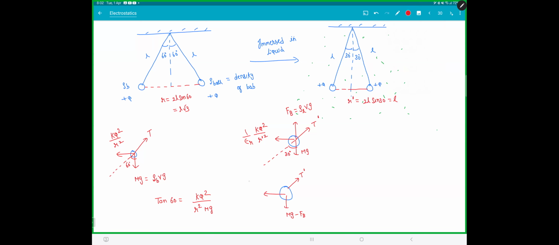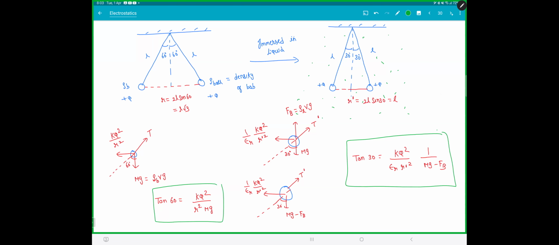And this will be the new repulsion force, 1 by epsilon r times kq² by r dash squared. This angle is 30. So we have tan 30 will be kq² by epsilon r r dash squared, over mg minus FB. Check. This is your equation 1 and this is your equation 2.